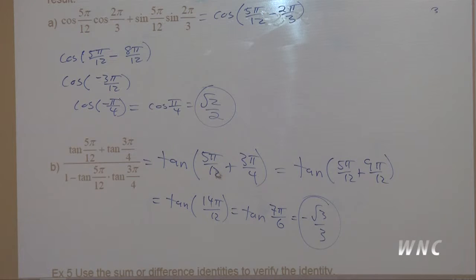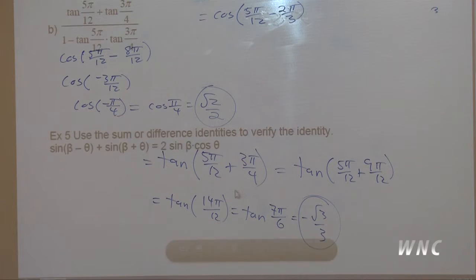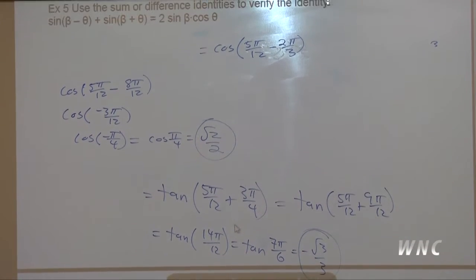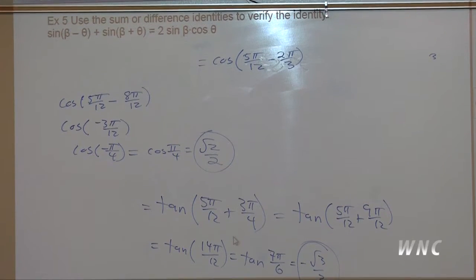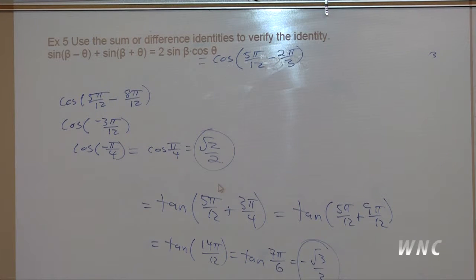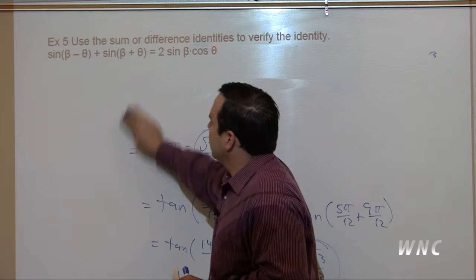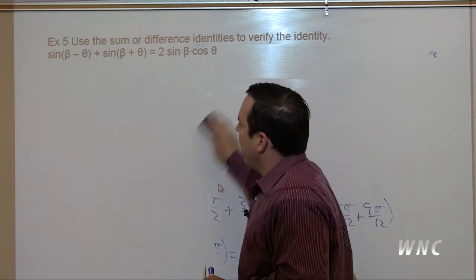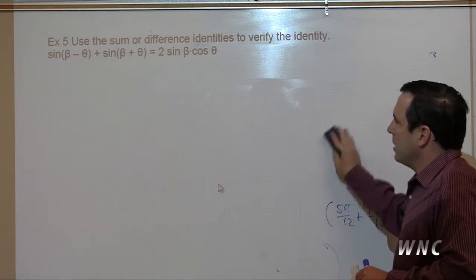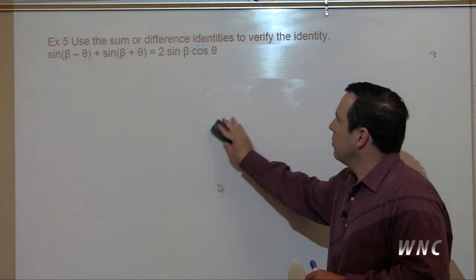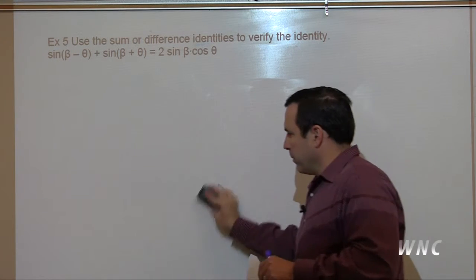I'm going to move on to example 5 here. Use the sum or difference identities to verify the identity. So here we have sine of beta minus theta plus sine of beta plus theta equals 2 times sine of beta cosine theta.